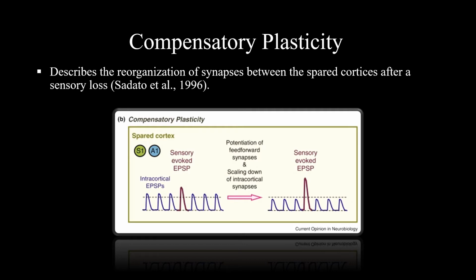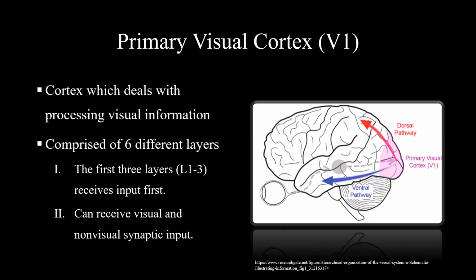In this example, this graph demonstrates the strength of the synapses between the somatosensory and auditory cortex. After a visual deprivation is introduced, you can see there's a big increase for some of the strengths within the synapses, describing the reorganization of synapses, allowing for strengthening or weakening of those synapses.